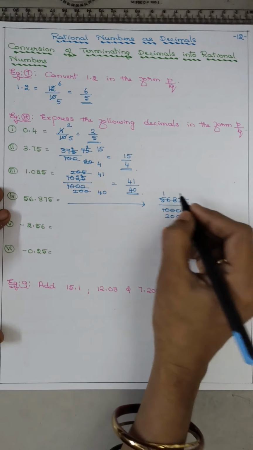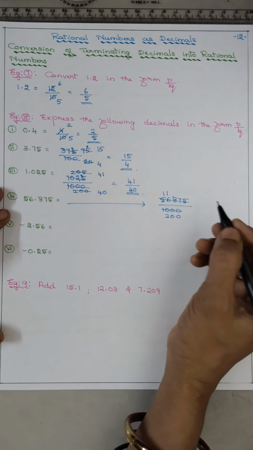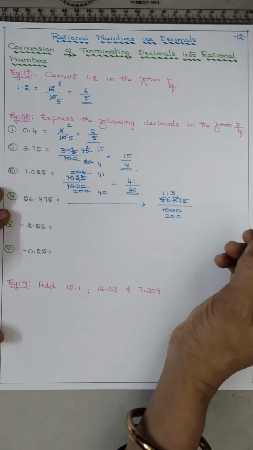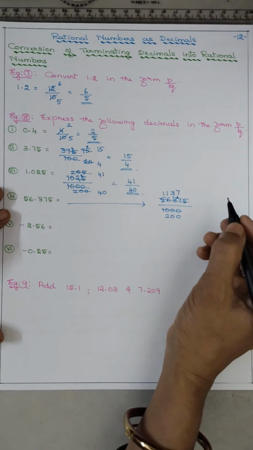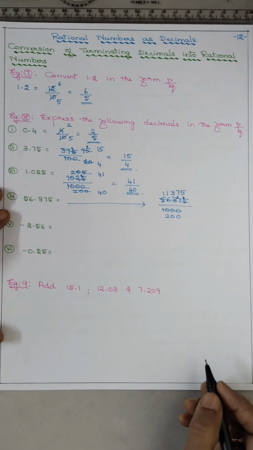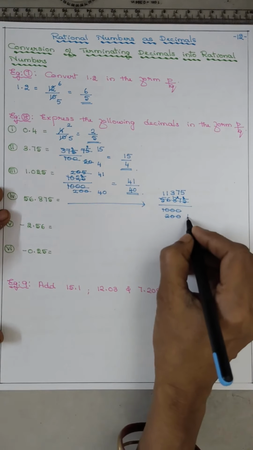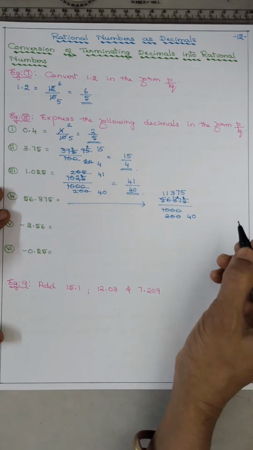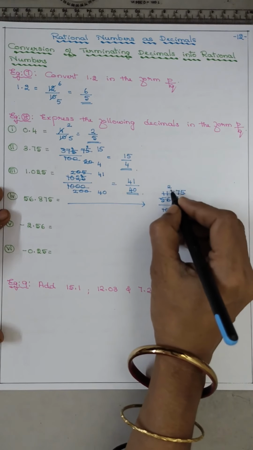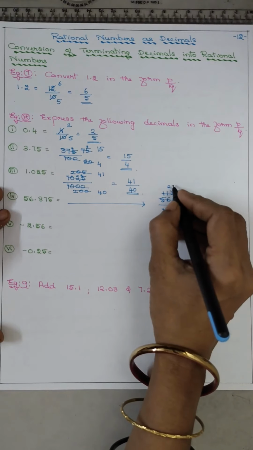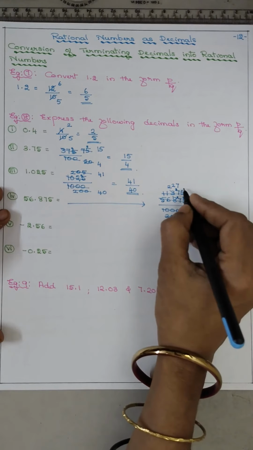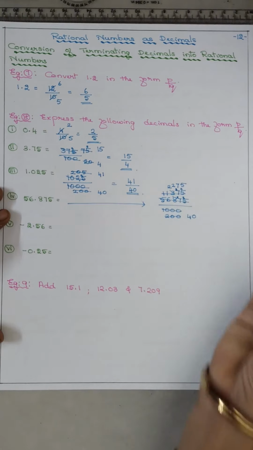Now 5 2s are 10, 0. 5 1s are 5, 5 1s are 5, 1 remains, 18. 5 3s are 15, 16, 17, 18, so 3 remains. 5 7s are 35, so 2 remains, 25, 5 5s are 25.